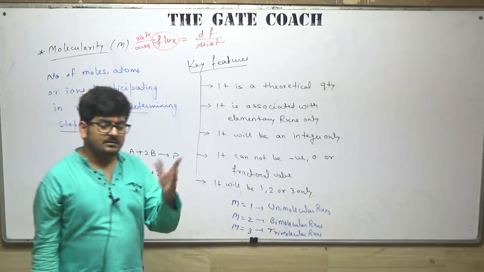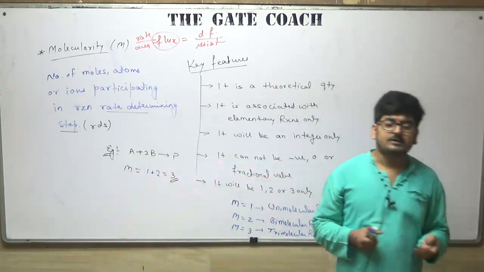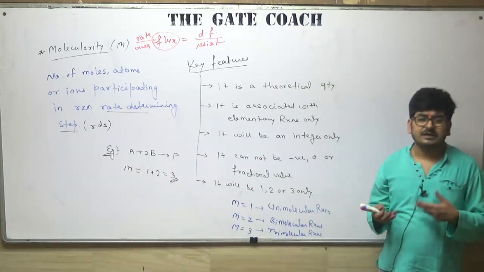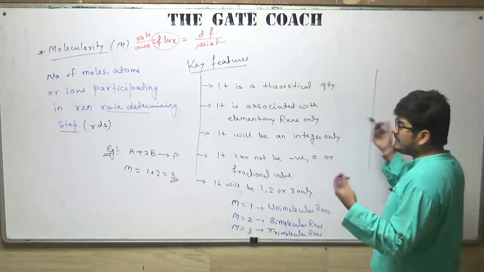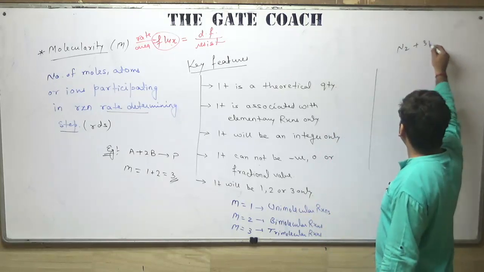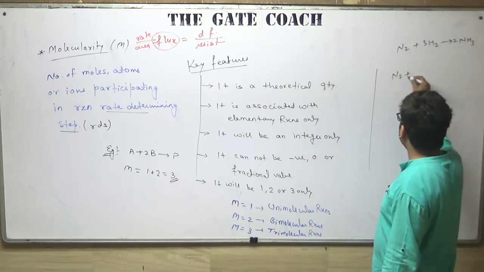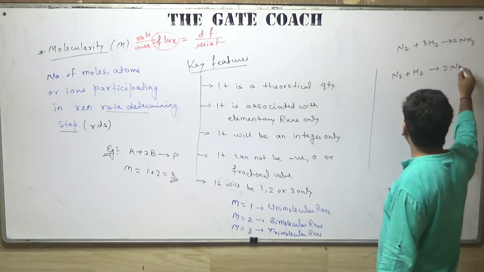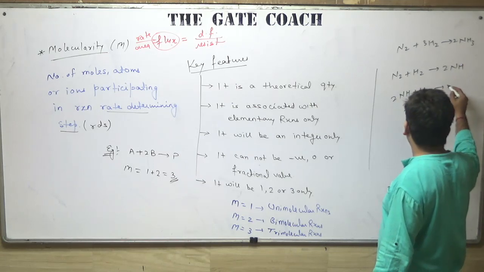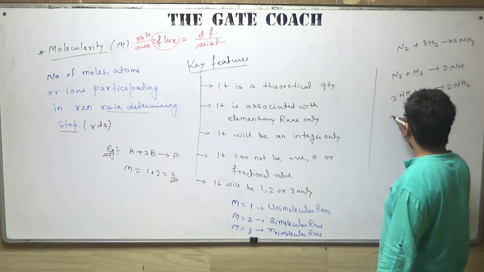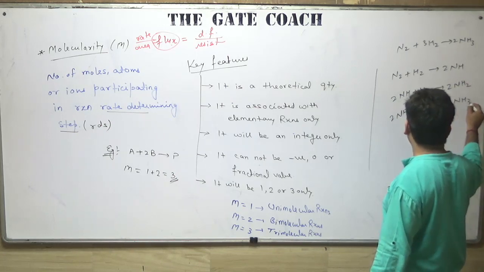But if we go into the mechanism of that reaction and find that it is occurring in multiple steps, let's say 3 steps: N2 plus H2 gives 2NH, then 2NH plus H2 gives 2NH2, and then 2NH2 plus H2 gives 2NH3.